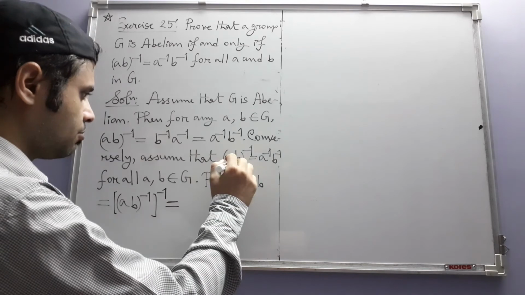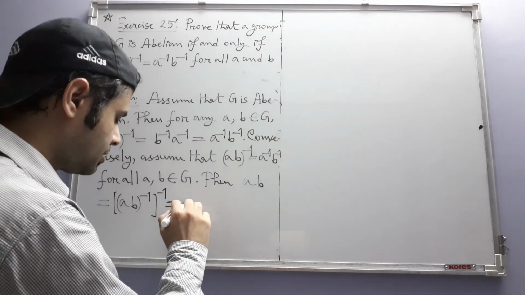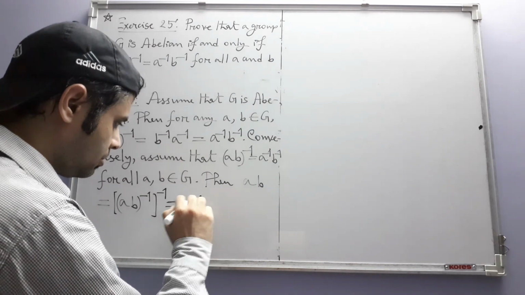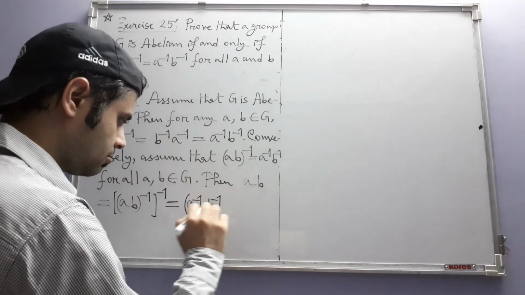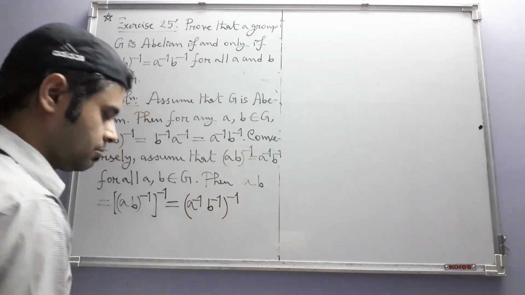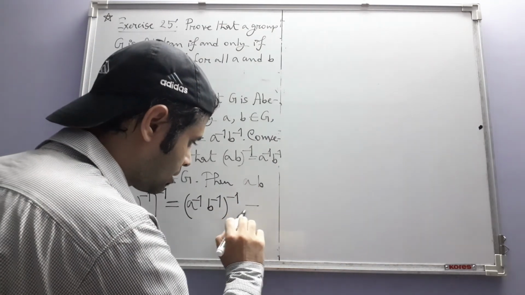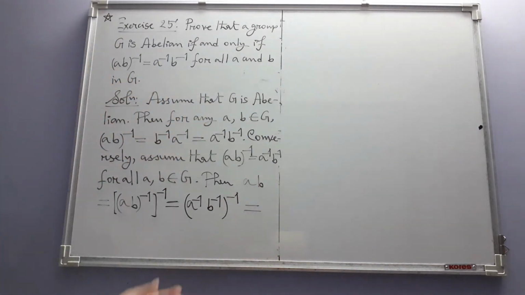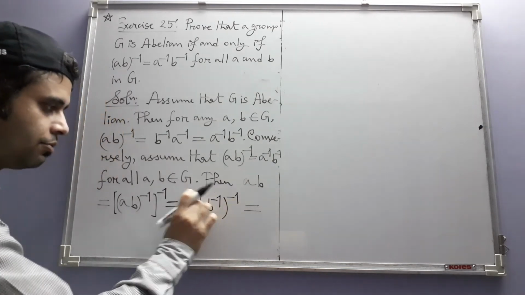Now what is given to us is this. (AB) inverse is A inverse B inverse, inverse of that. But now this is also equal to inverse of this times inverse of this.